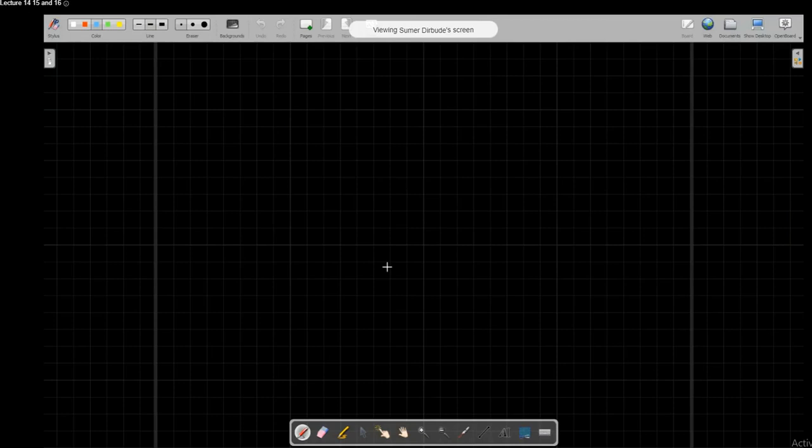Now we'll see one by one what these methods are. But before that, let us discuss the properties of linear simultaneous equations.